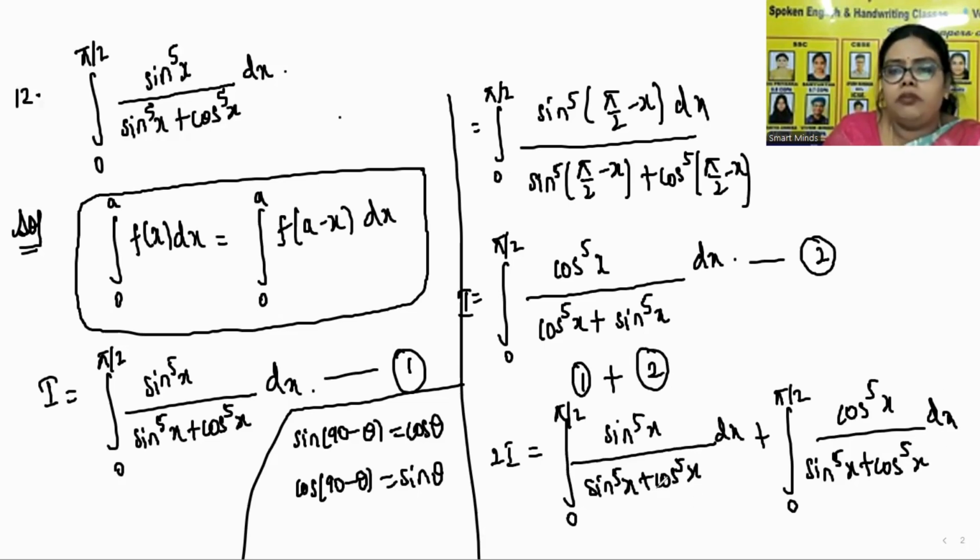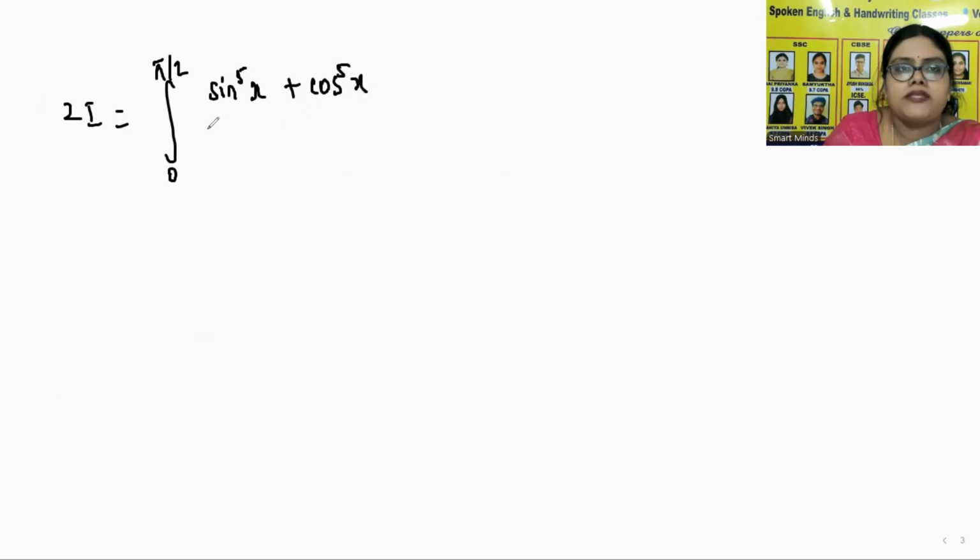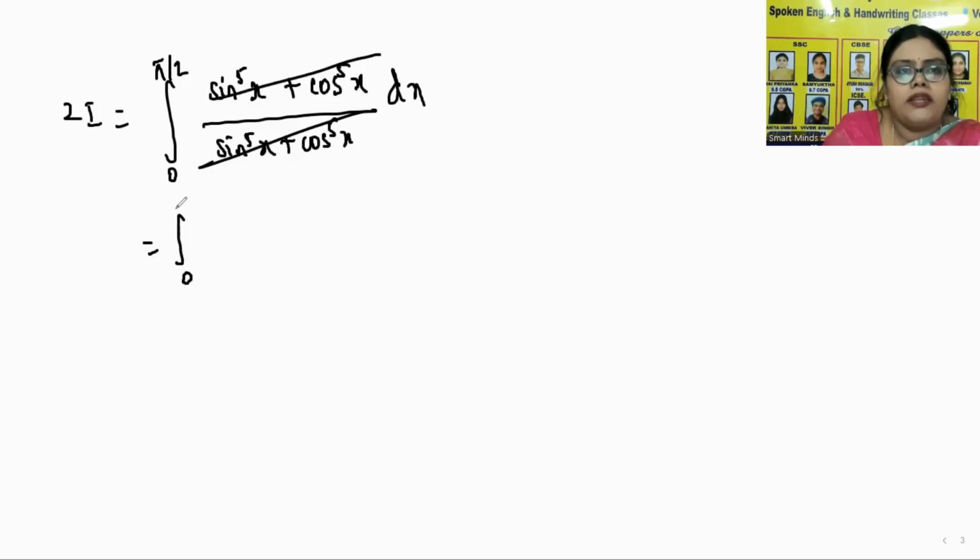Now, both terms have the same denominator, so we can add the numerators. It will become 2I equals integral 0 to pi by 2 sine power 5x plus cos power 5x by sine power 5x plus cos power 5x dx. Numerator and denominator get cancelled. You will get integral 0 to pi by 2 1 dx.